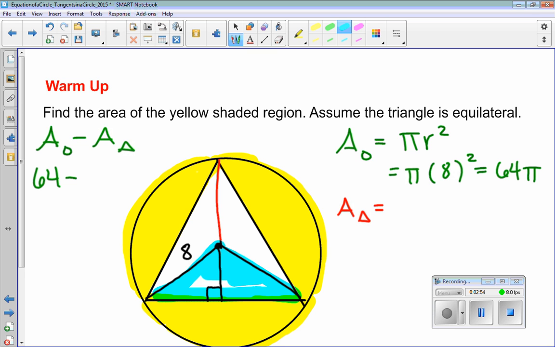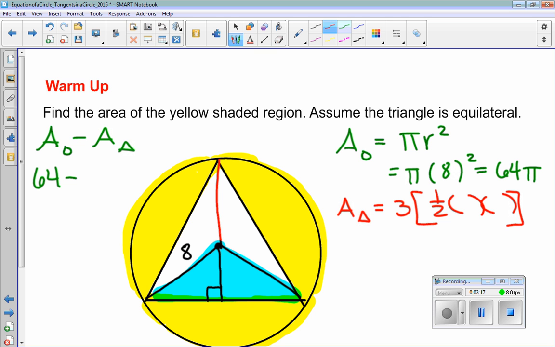And there's 3 of these. Would you agree? Okay. So we're going to say 3, and then we do have 1/2 base times height. Okay, good enough. What's the base? What's the height? Do I know? I can find it though, because 8 is not either the base or the height. Would you agree? That's the radius.